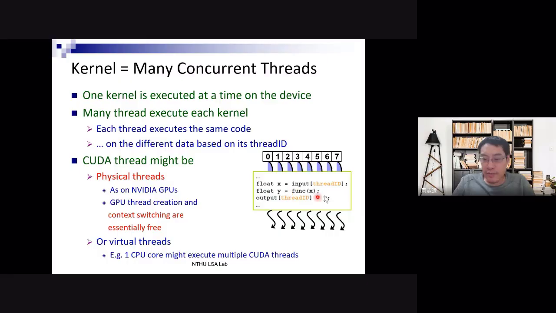Instead of the rank ID for MPI, here we have thread ID for GPU. This thread ID is predefined, so in your code you can just directly use it. The result is that every thread can execute the same code, but apply it on different data. So this follows the single instruction multiple data model.